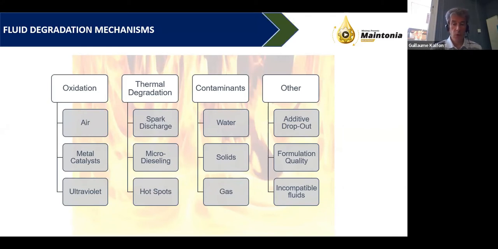Some of the formulation may unfortunately not be as stable as it should be, and some of the additives which are part of the oil formulation that your supplier is delivering to you drop out, and that is a form of degradation.